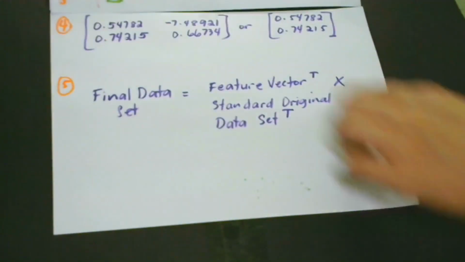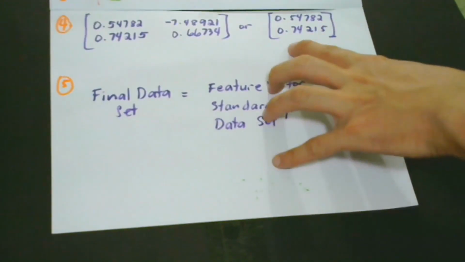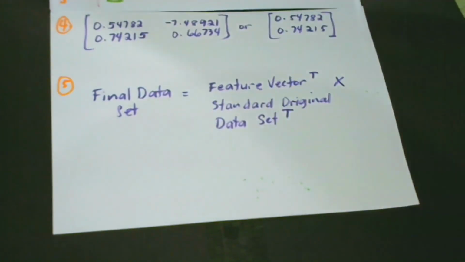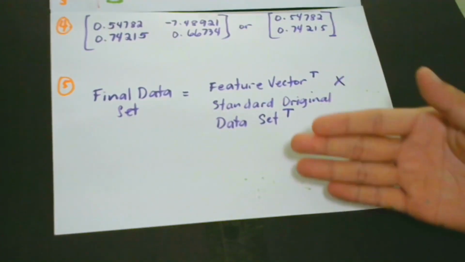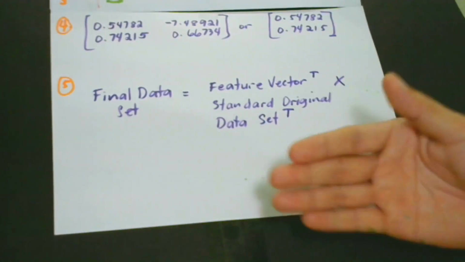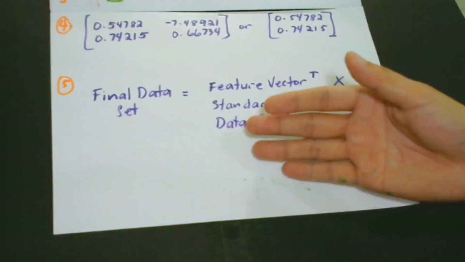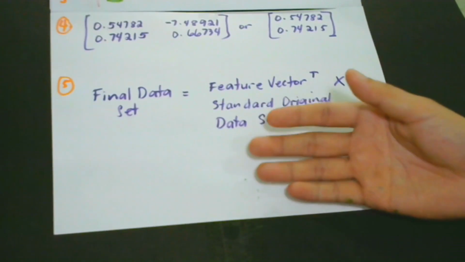So we could just retain V1 and reject V2. Bear in mind that the retention of a certain component actually depends on our own decision. This is the case where human intuition is very important.